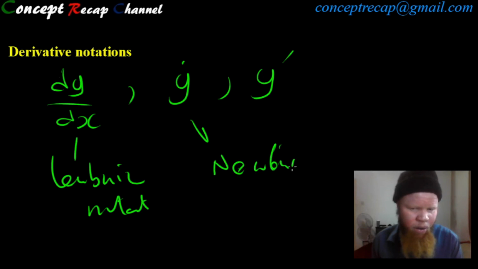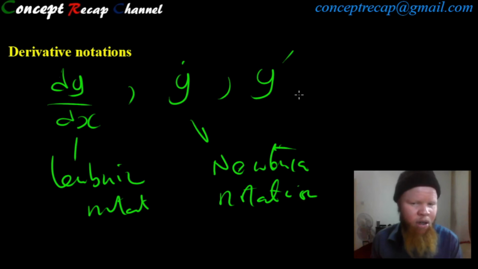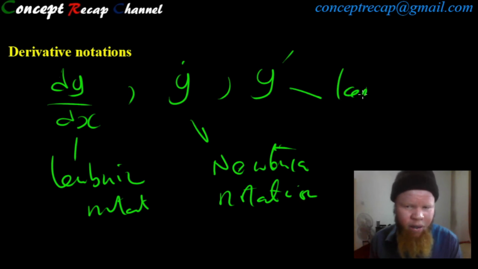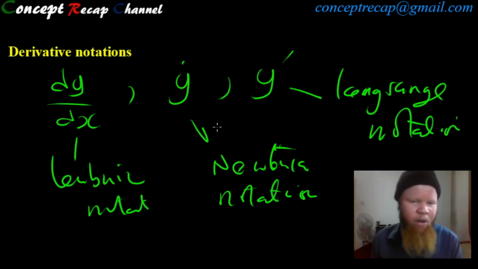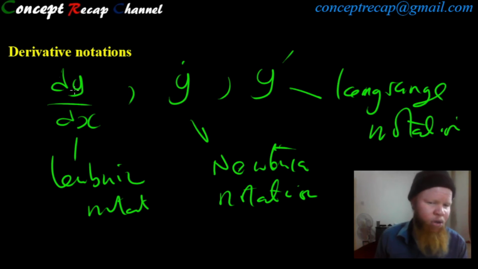You see some of these in different books; they use them interchangeably. And you have this as the Lagrange notation. So these are the common notations of derivatives, and you see them in our differential equations.